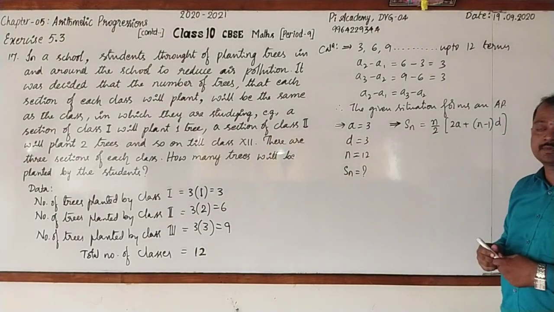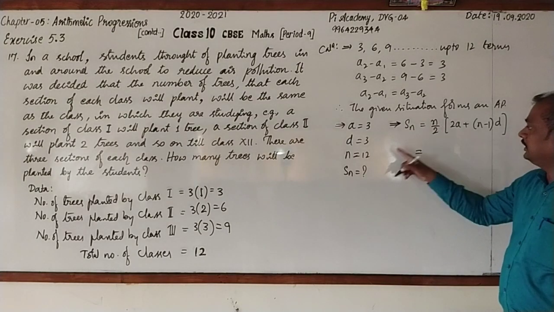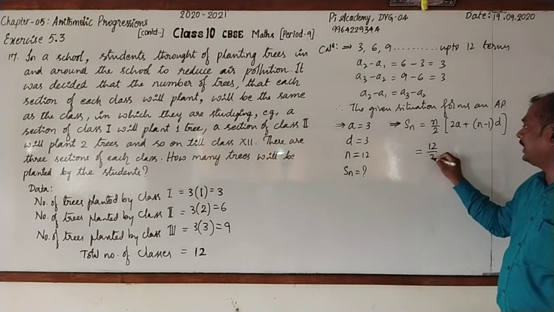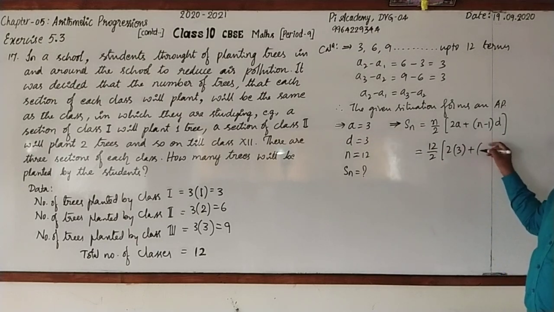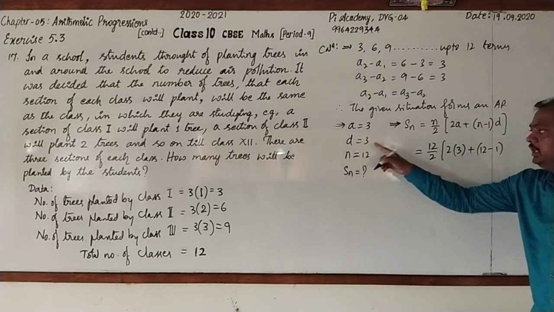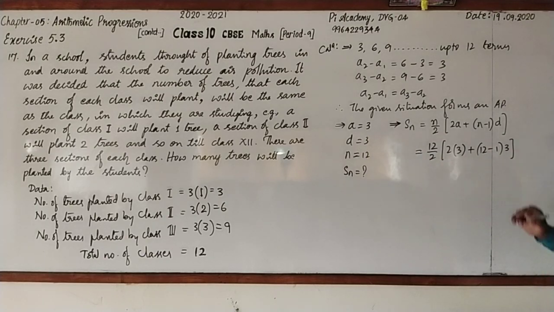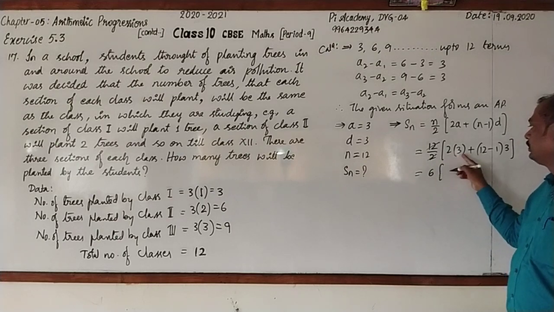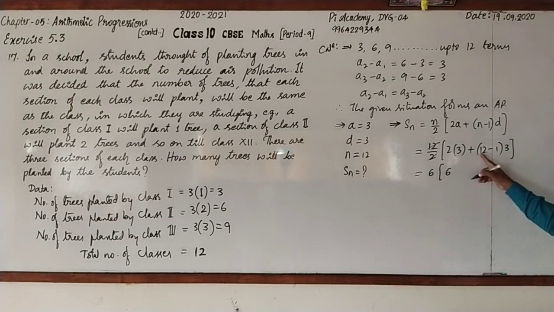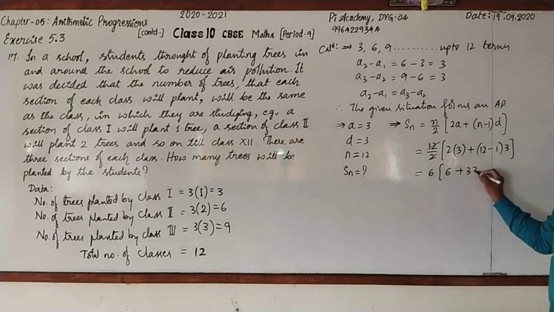But here we have not written it. Directly we shall go for substituting all this. n is 12, so it is 12 by 2 into 2 into a, which is 3, plus of n minus 1, 12 minus 1, into d. d is 3. 6 ones are 6, 2 3s are 6. Now 12 minus 1 is 11. 11 3s are 33.